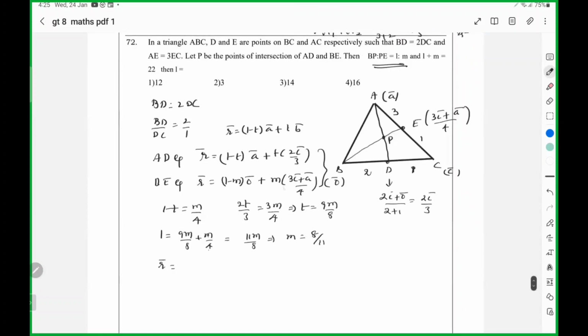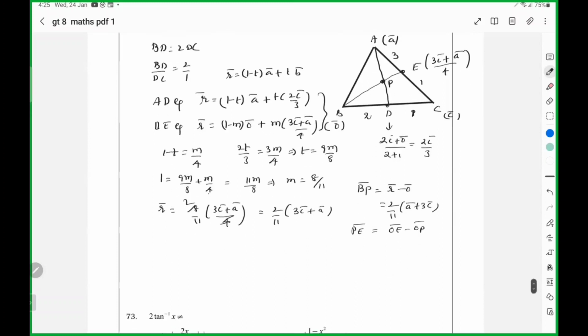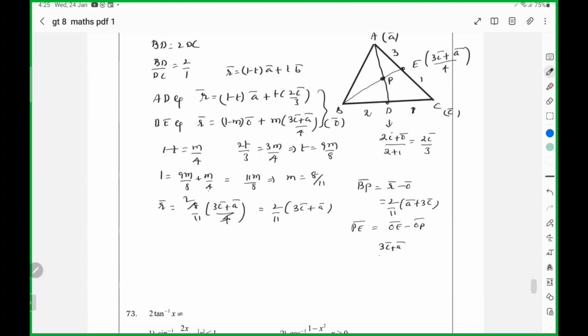So R bar will be, M is 8 by 11, 3C bar plus A bar by 4, which is 2 by 11 times 3C plus A. Position vector. Now we have to find BP, which is R bar minus 0 bar, which is 2 by 11 times A bar plus 3C bar. PE will be OE bar minus OP bar. OE is 3C plus A bar by 4. OP here is R bar, 2 by 11 times A bar plus 3C bar.